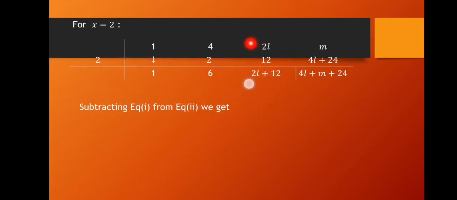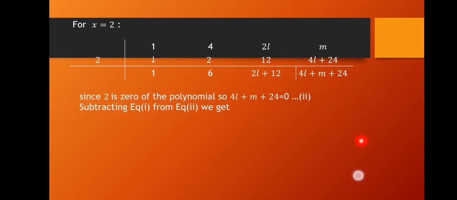So combinedly, by adding these two, we get 2l plus 12. 2l plus 12 when multiplied to 2 will give us 4l plus 24. So it will become 4l plus m plus 24. Again 2 is the 0 of the polynomial. So we will have to write that 4l plus m plus 24 is equal to 0.